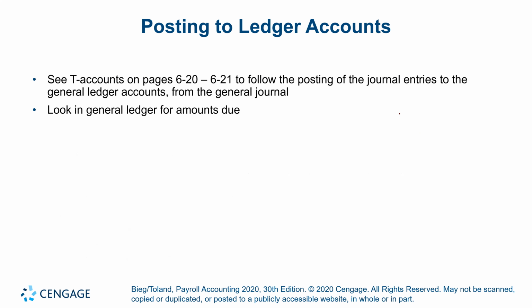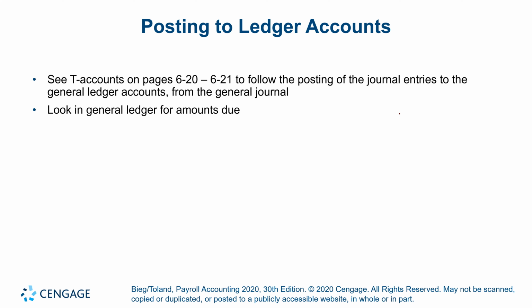All right. Of course, you guys know that once we do our journal entries, they get posted to the T accounts. And the T accounts, or those ledger accounts, are what make up our general ledger, right? And the general ledger is what includes the final balance, essentially, that we use to prepare some of our different reports, right?